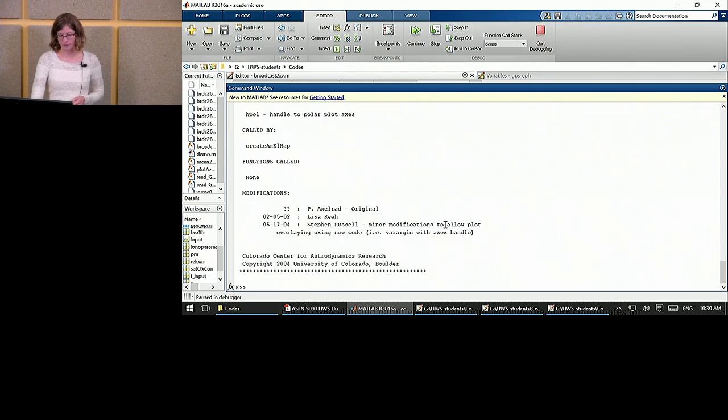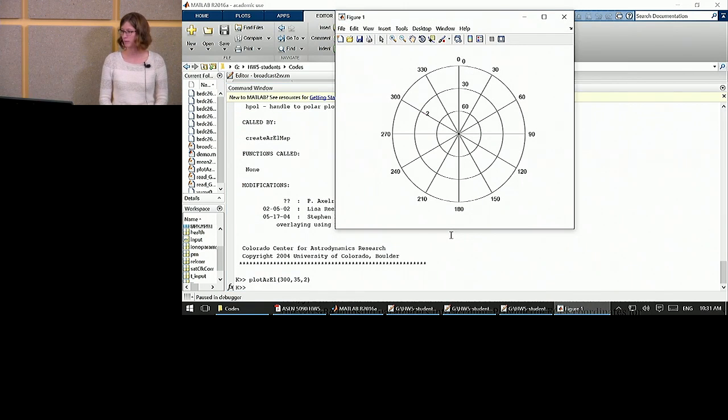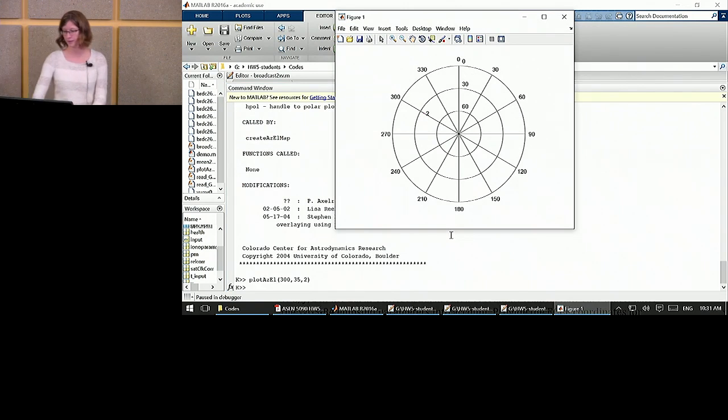Say that I give plotASL a 35-degree elevation. That's azimuth 300, and then 35-degree elevation, and I say this is PRN 2. It'll give me a plot, and it'll tell me this is an elevation of 35 at an azimuth of 300. Okay?